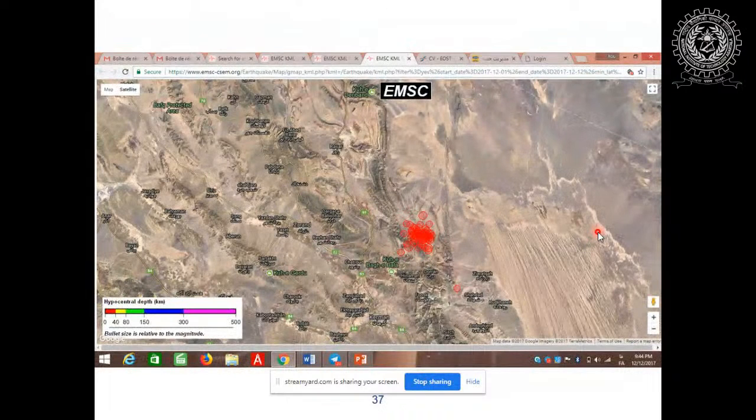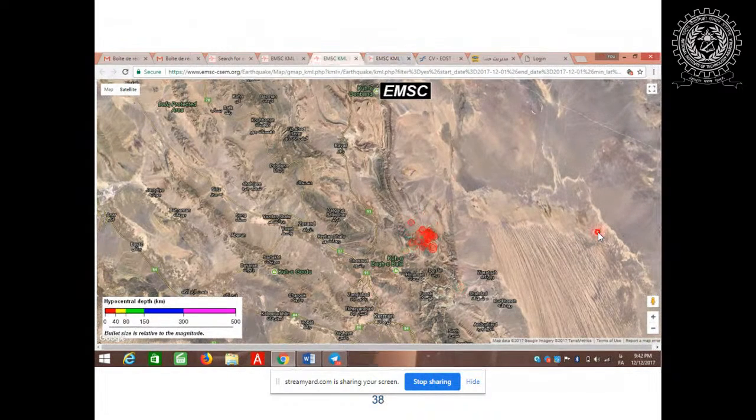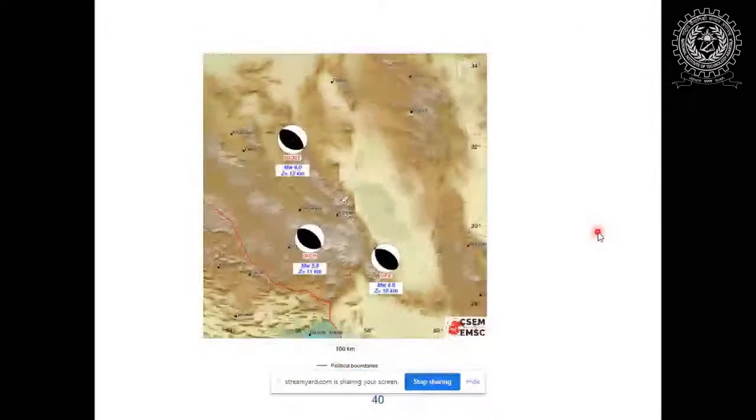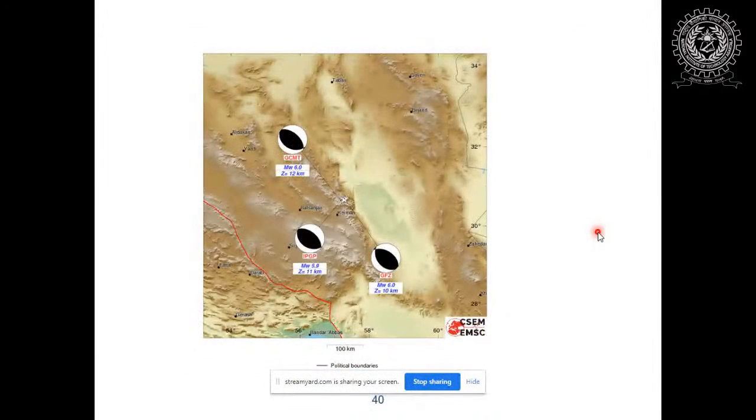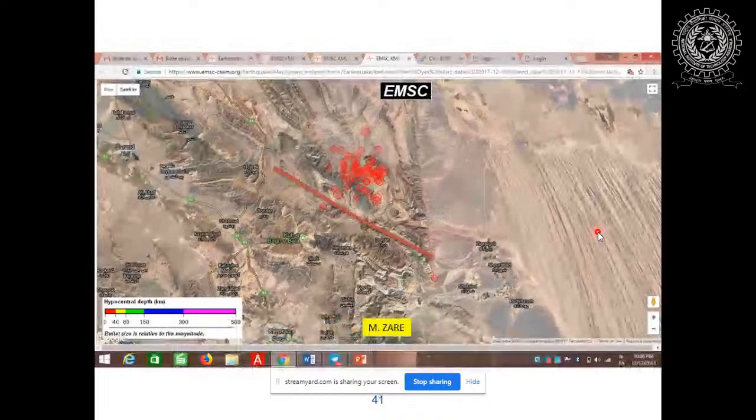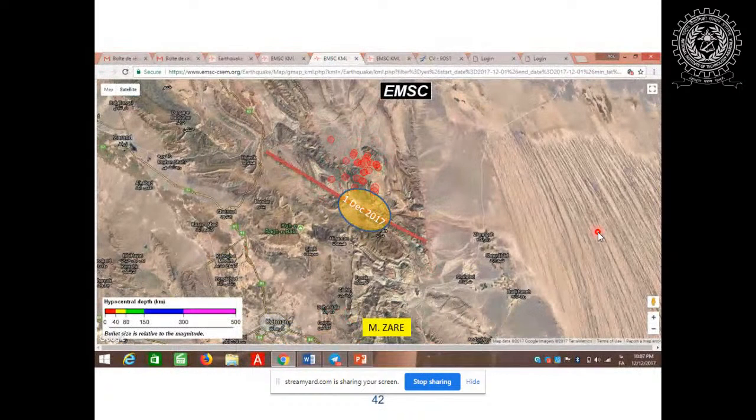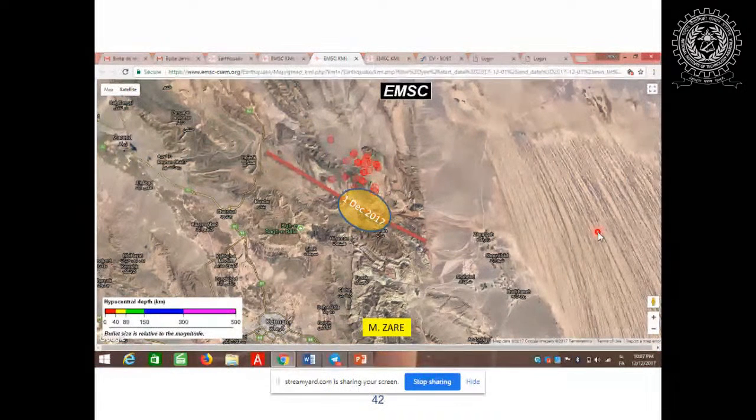In the same year, about 1 month later, in eastern Iran, there have been 3 consecutive magnitude 6 earthquakes in the Kerman region, one after another. On 1st December 2017, there was an earthquake with a magnitude 6, northern Kerman, western Lut area. This is the desert of Lut on the map, and this is the epicenter of that earthquake.